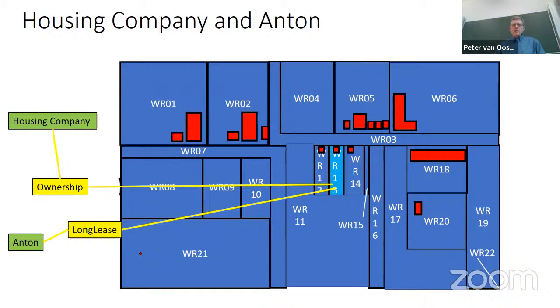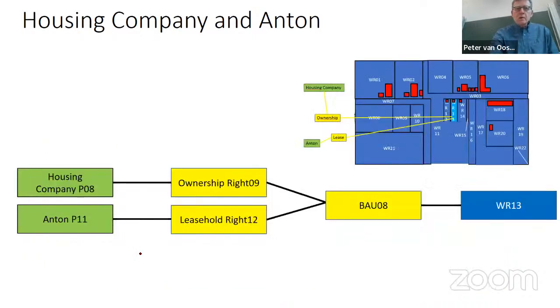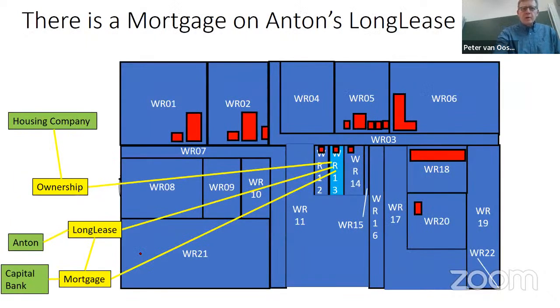So parcel number 13, and the building over there, is not owned, but long leased by Anton. It's a simple situation: the housing company is the owner, and Anton has the long lease on the same property. But here we see Anton needs money to finance his long lease right.